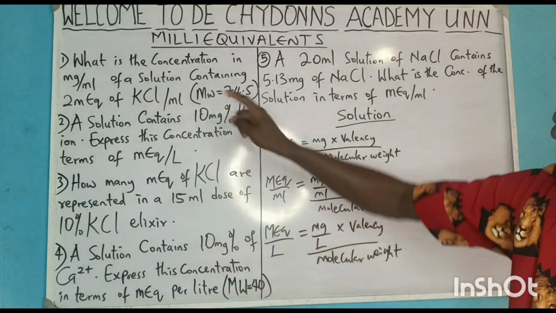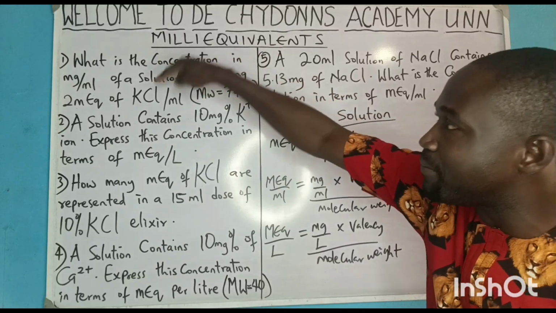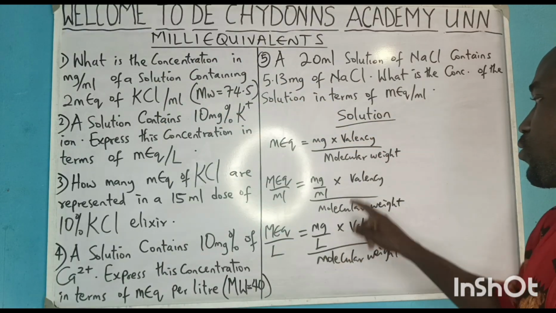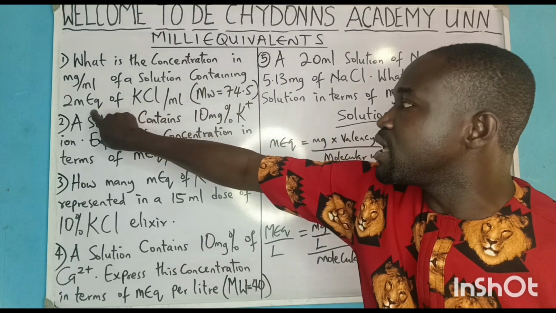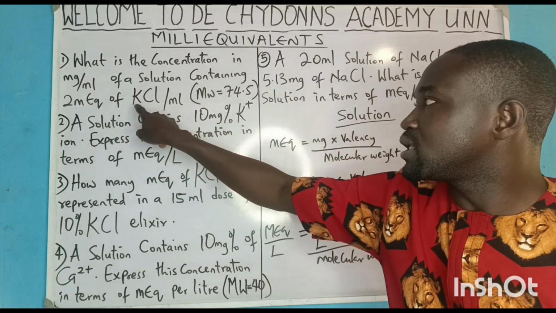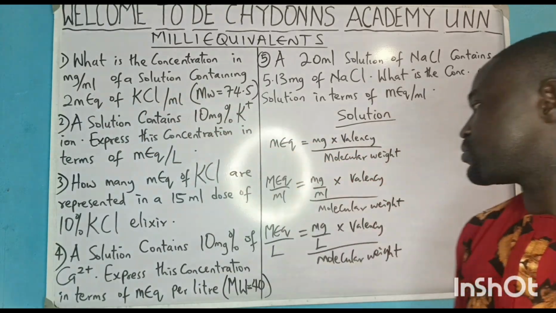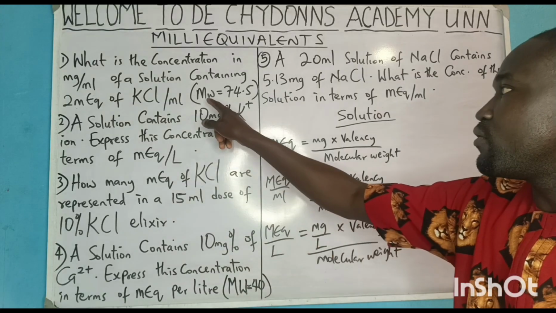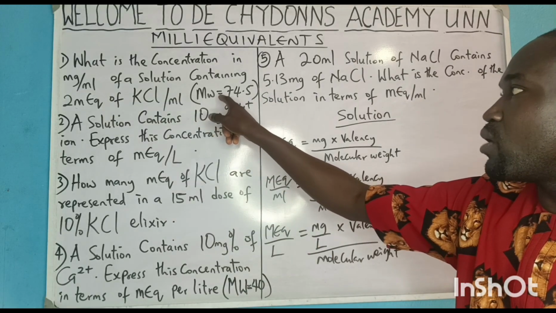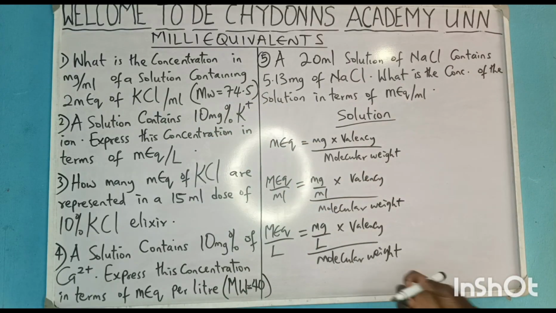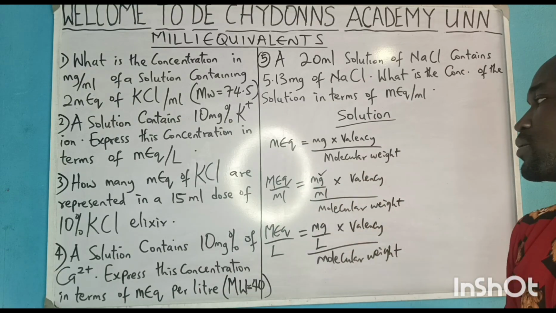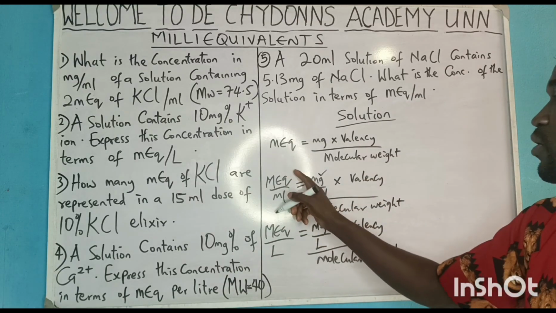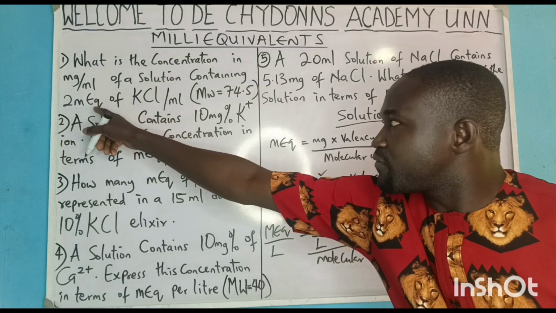Let's see. What is the concentration in milligram per mL of a solution containing 2 milliequivalents of KCl per mL? And they gave you the molecular weight to be 74.5. I am looking for milligram per mL. That means milliequivalent per mL.